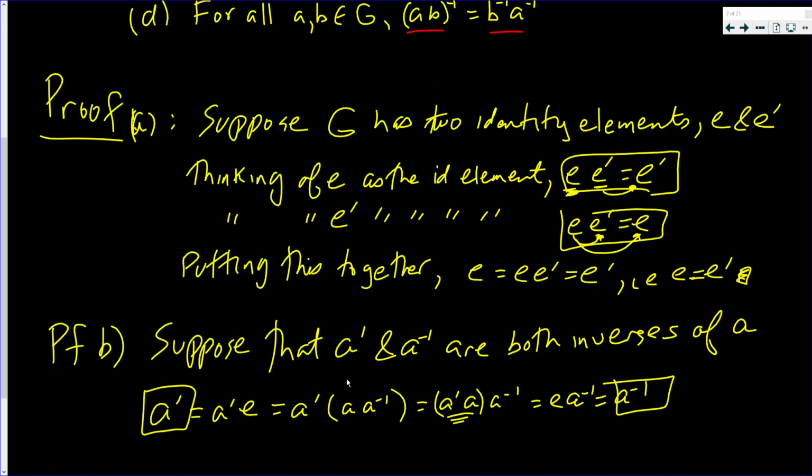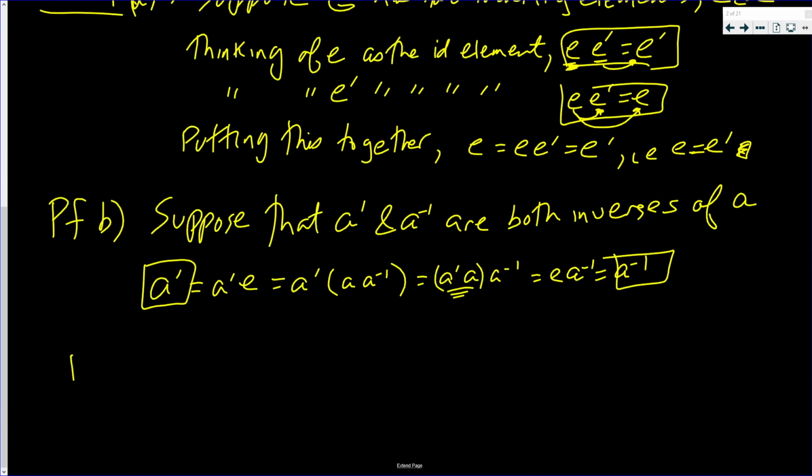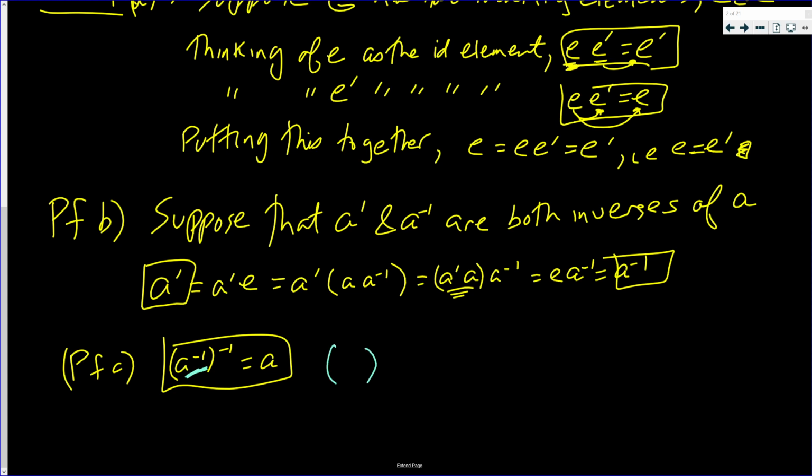Part C, I want to show the following. Proof for C. I want to show that A inverse inverse equals A. Okay, now, I don't care at all what's in there. In fact, let's make believe I covered it up. You can't see it. Well, if what's in here is really the inverse of A, that would mean this times this is the identity.